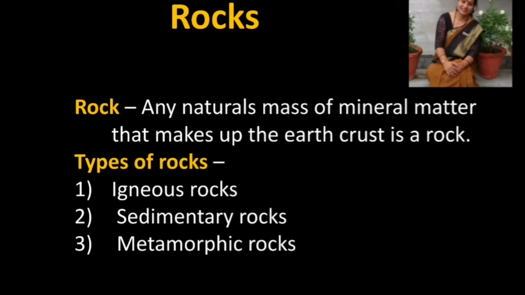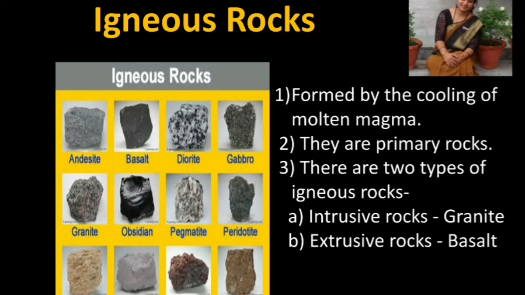All the rocks have different colors, sizes and textures. Mainly there are three types of rocks: igneous rocks, sedimentary rocks, and metamorphic rocks. Let us discuss these types of rocks one by one.